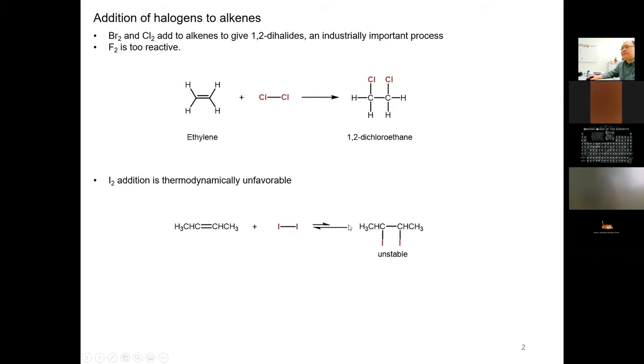You can see the equilibrium arrow here. The reaction favors starting material. So this is never a practical way to make diiodides because the product is so unstable. The reaction barely proceeds. So most of the halogen additions we deal with are with bromine and chlorine.